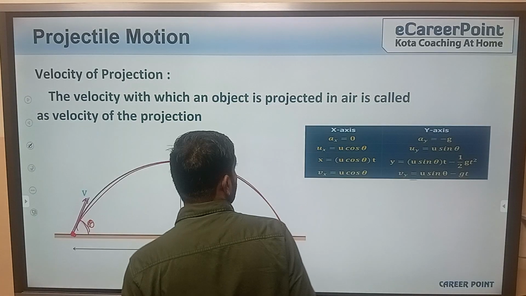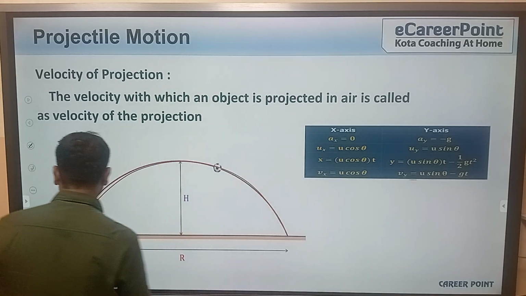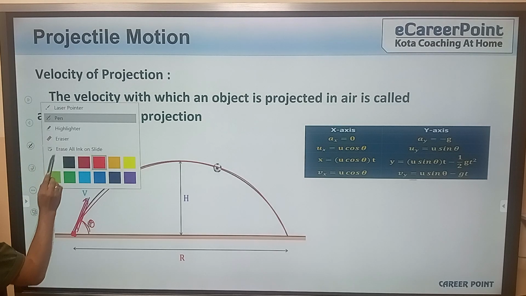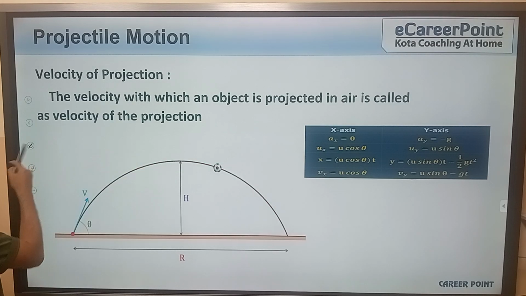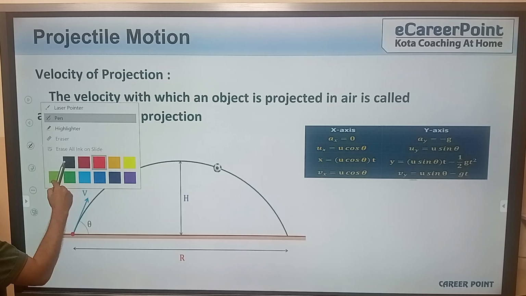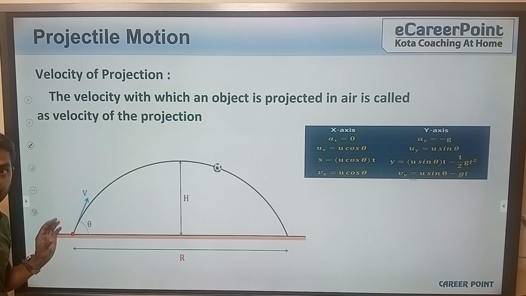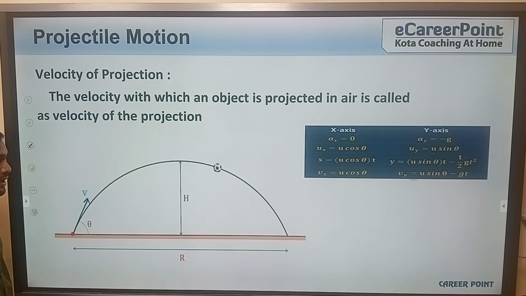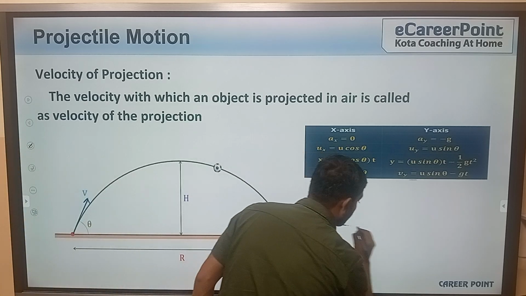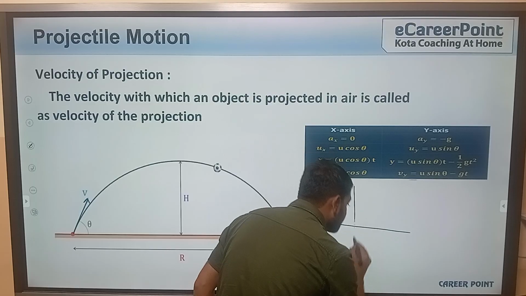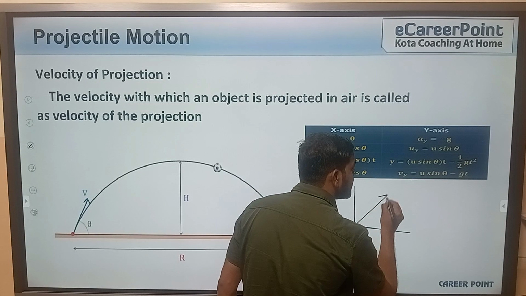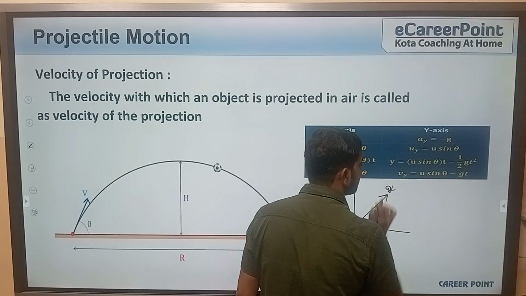Okay, next you will see here we are having the velocity. Let us see, this velocity is given along this direction. Let us consider the x-axis and y-axis. So here the velocity is given in this direction.